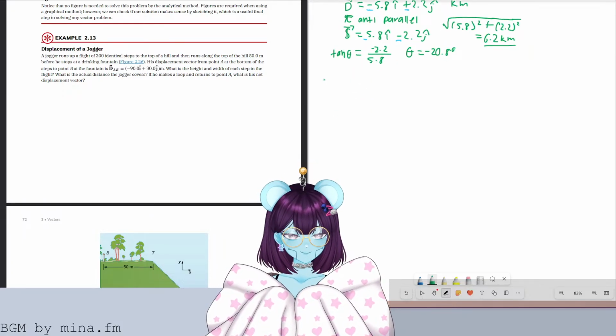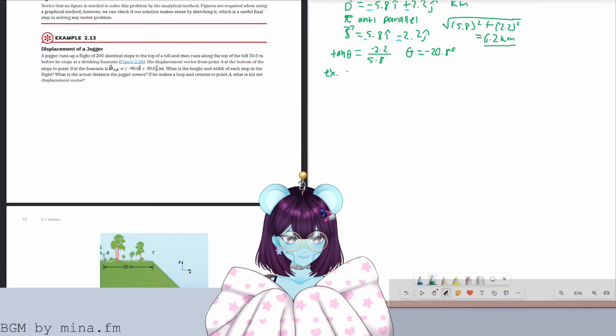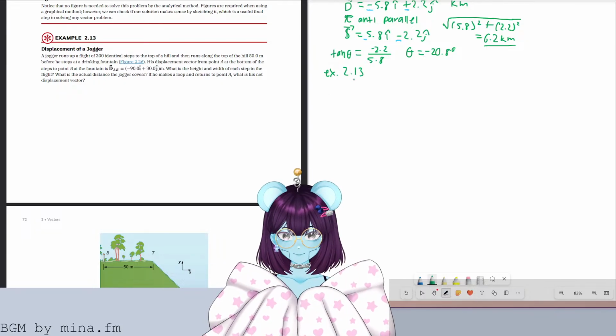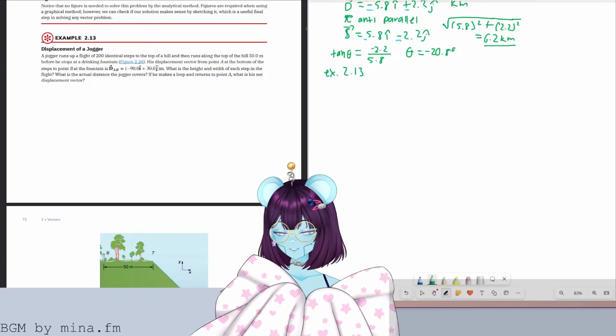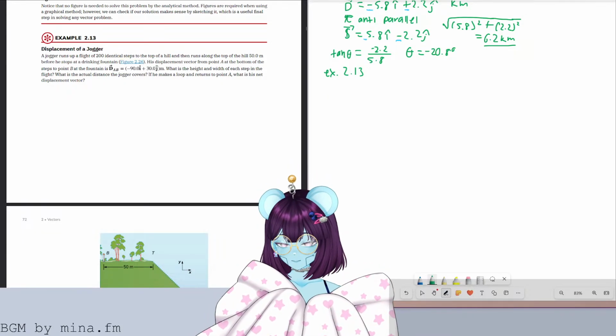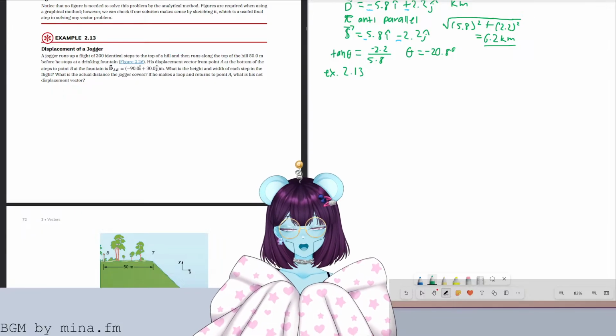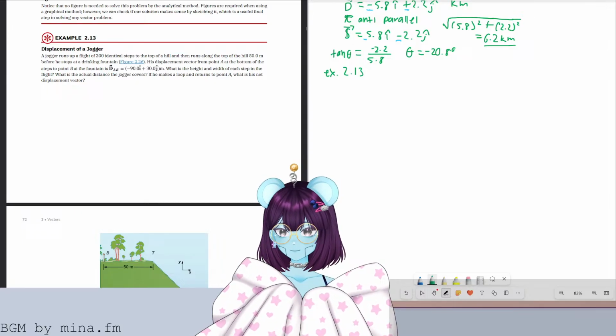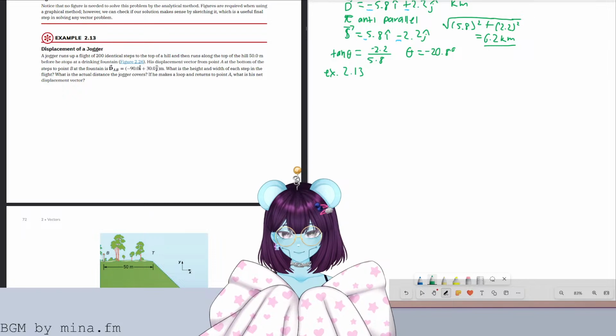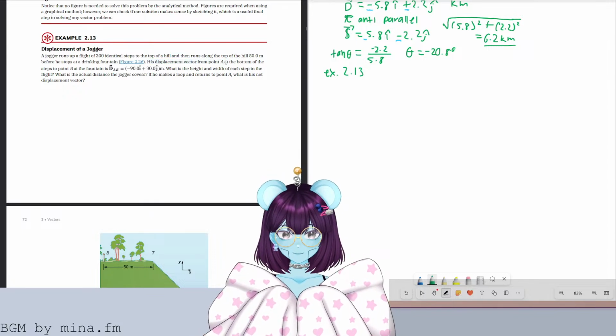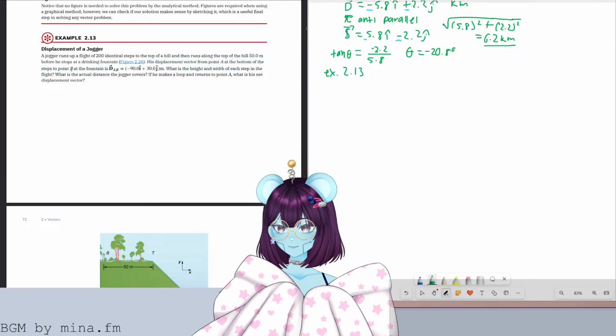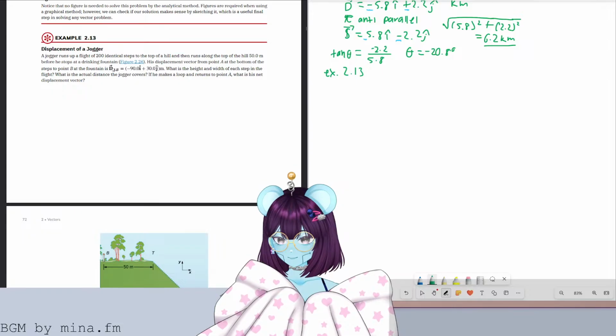Example 2.13. A jogger runs up a flight of 200 identical steps to the top of a hill, then runs along the top of the hill 50 meters before he stops at a drinking fountain. His displacement vector from point A at the bottom of the steps to point B at the fountain is that.